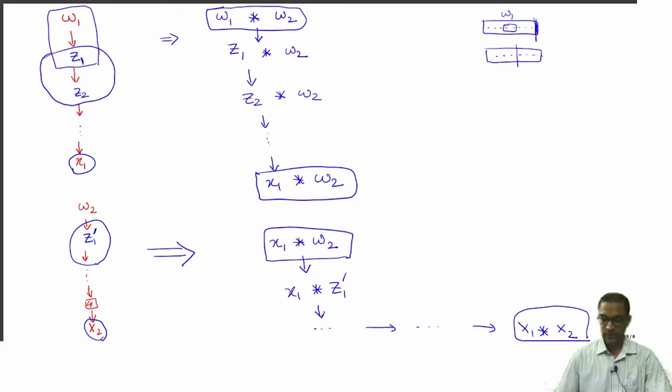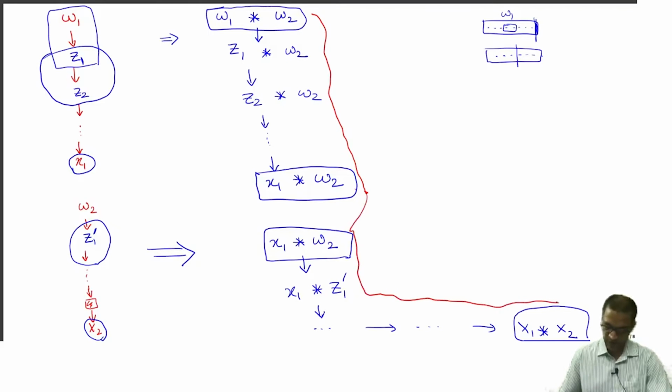Now I just put these together. What have I managed to do? I have managed to start at W1 star W2. I am following this chain of rewriting rules. So at this point, this and this are the same. Now I follow after that this chain of rules, and finally I reach my destination.